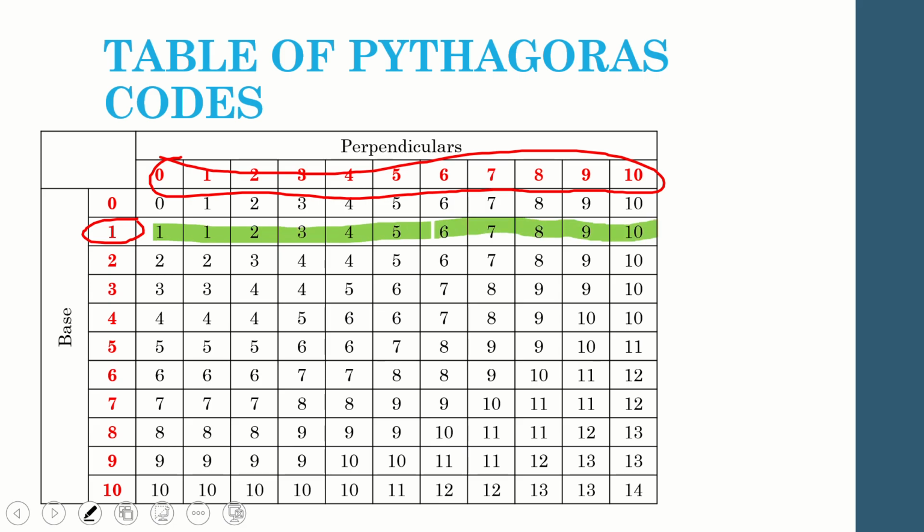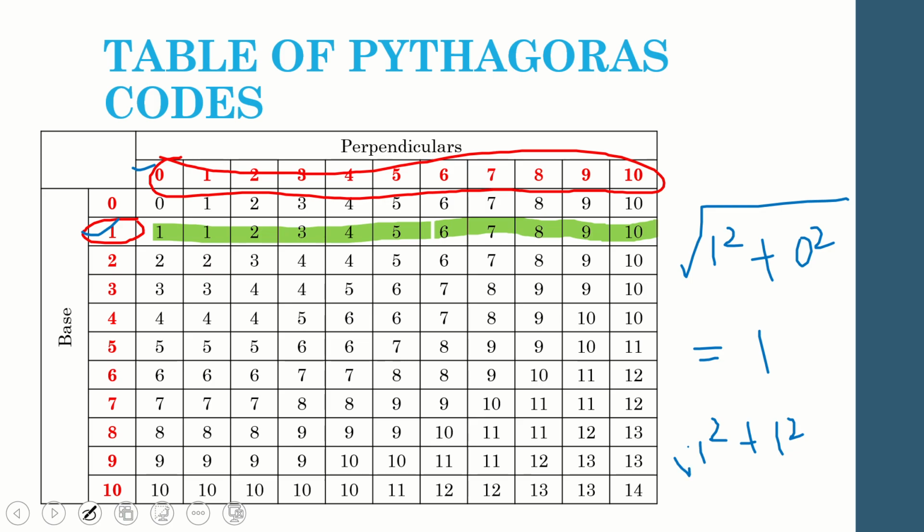For 1 and 0, you will get 1, because 1 square plus 0 square gives 1, and also 1 square plus 1 square gives 1.41.